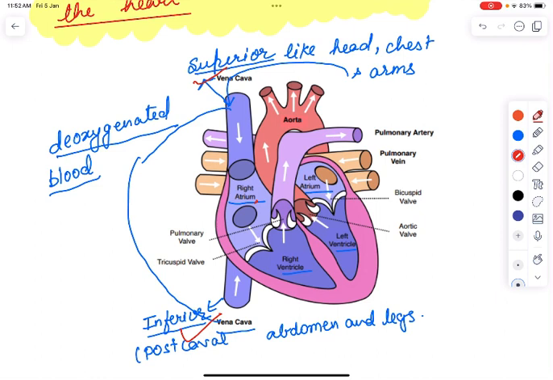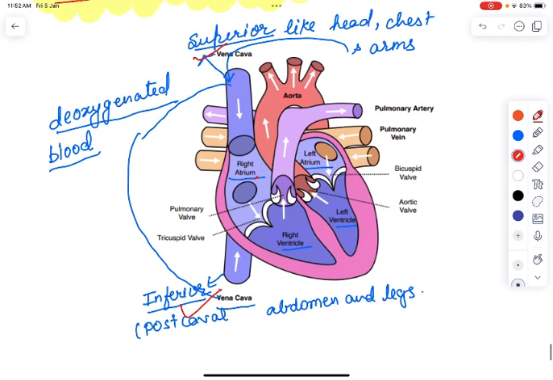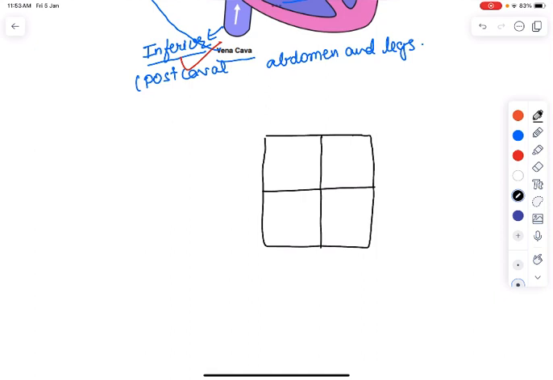नाउ नेक्स्ट, blood vessels leaving the heart. अब heart will function. First of all, this is right auricle, left auricle, and this is left ventricle, right ventricle, and this is left ventricle.